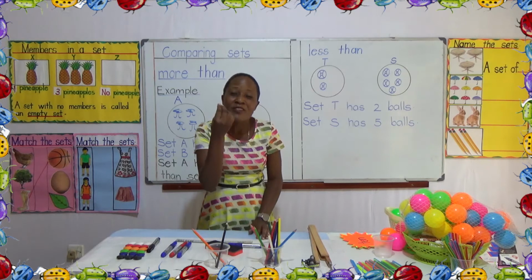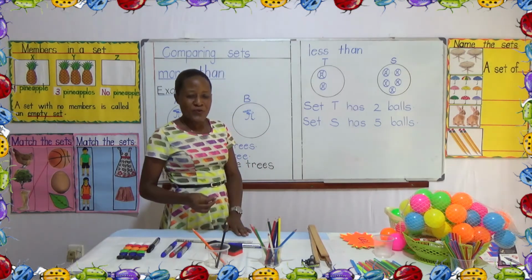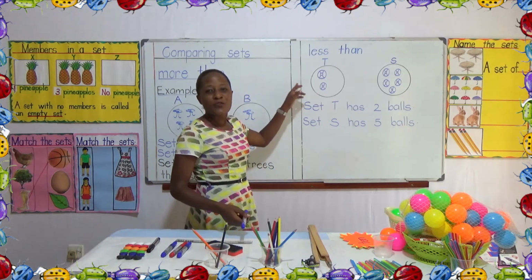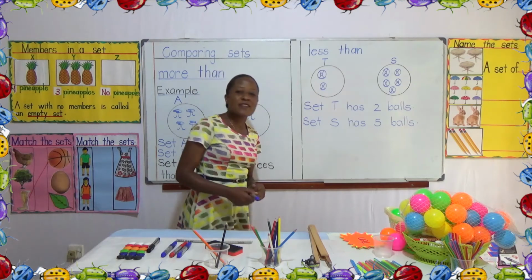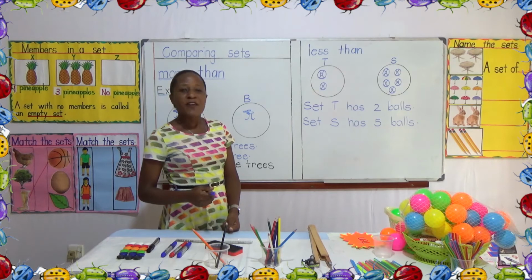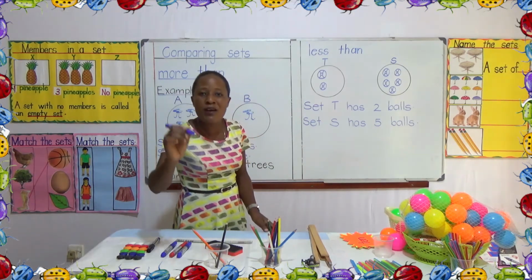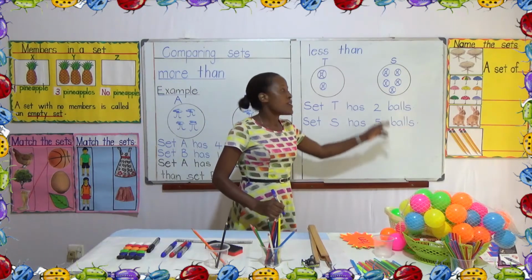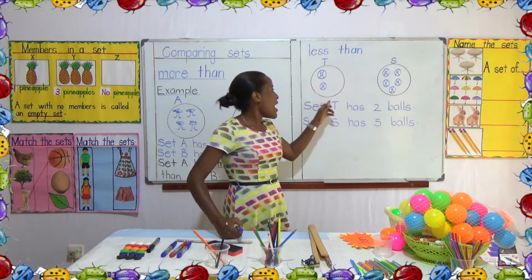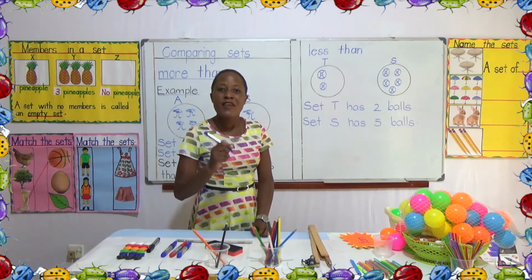Looking at these 2, we have set T has less balls. Very good. So we shall say set T has less balls than set S. Again, everybody. Set T has less balls than set S.